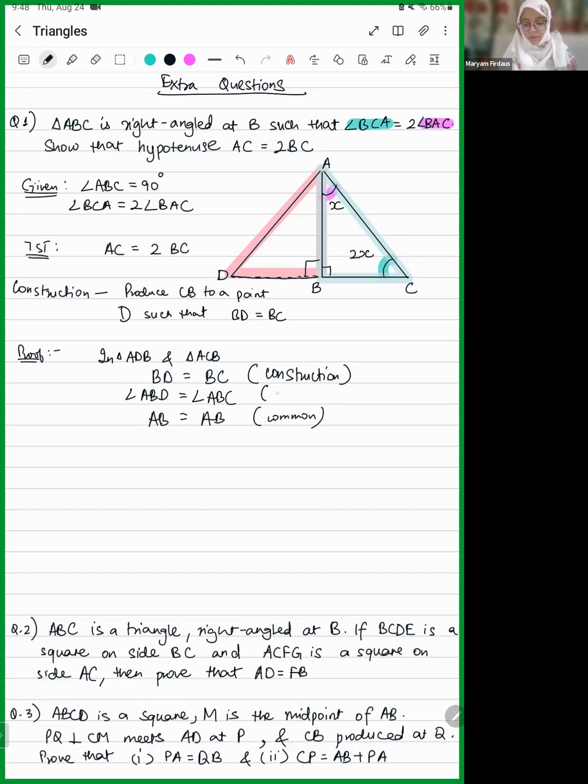Reason: 90 degrees given. Therefore, by SAS rule, triangles ABD and ABC are congruent. Please note it down till here, then we will continue.